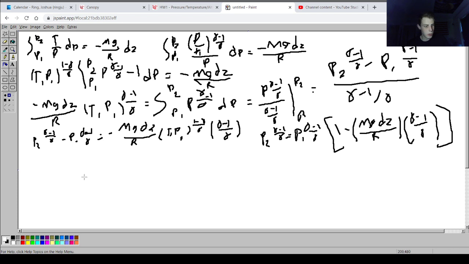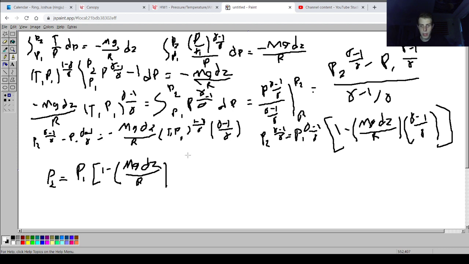And we are going to then have P2 is equal to P1 multiplied by 1 minus mg delta z all over r still.